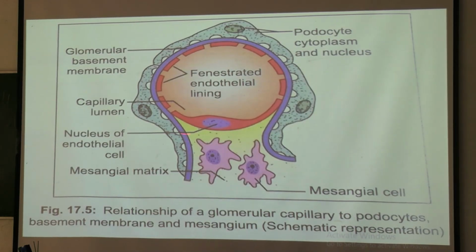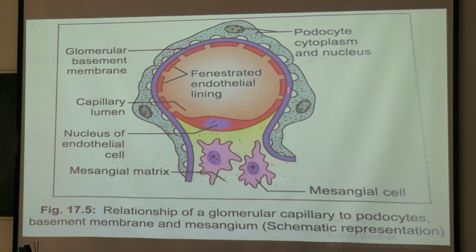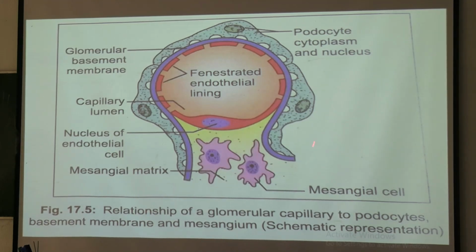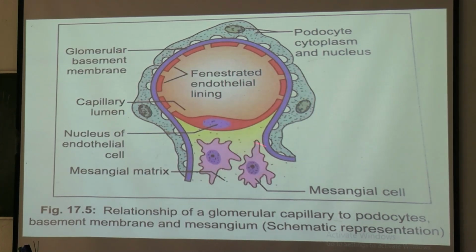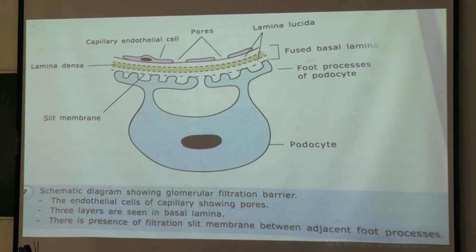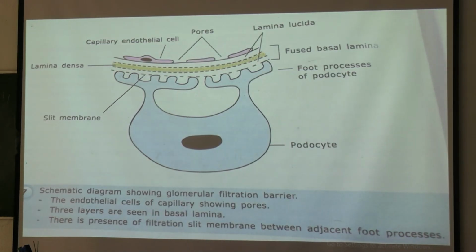That is also a schematic diagram. This is the fenestrated endothelial lining. This is the glomerular basement membrane. This is the visceral layer of Bowman's capsule formed by podocytes. And foot processes you can see, and these are mesangial cells and mesangial matrix. This is also a schematic diagram. Endothelial cells with pores.